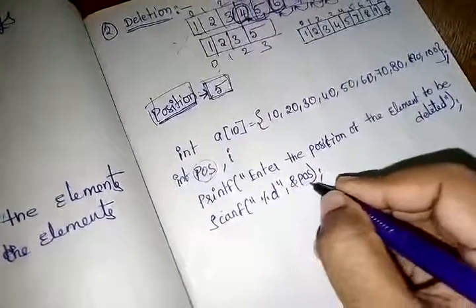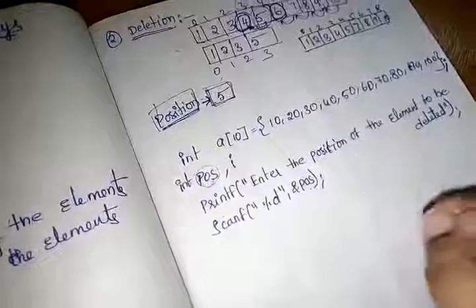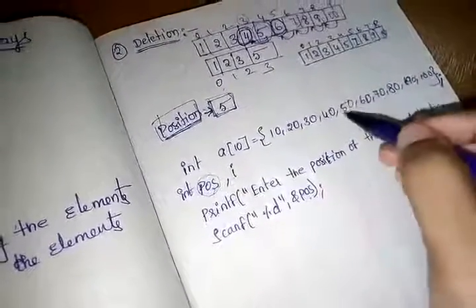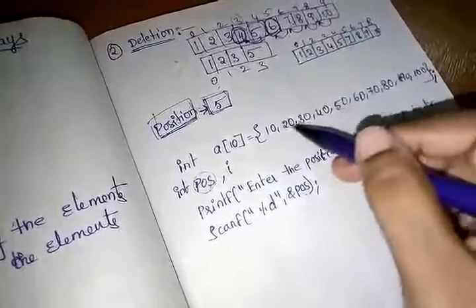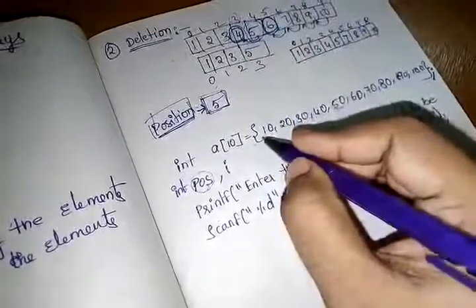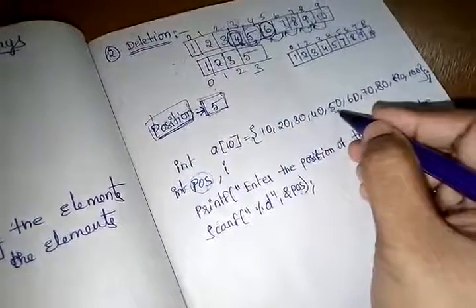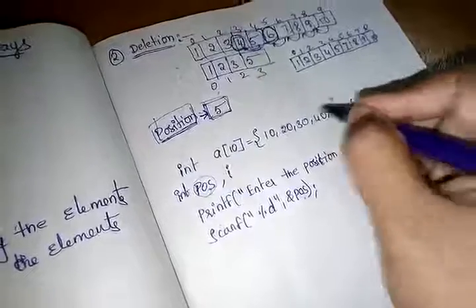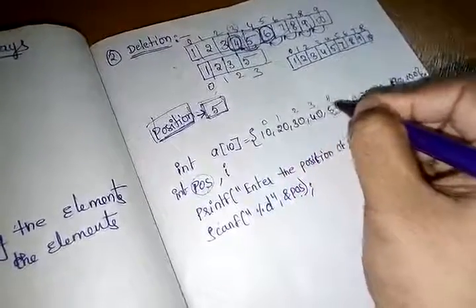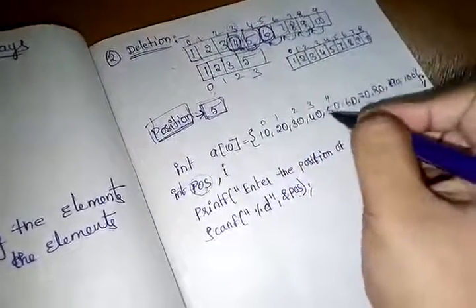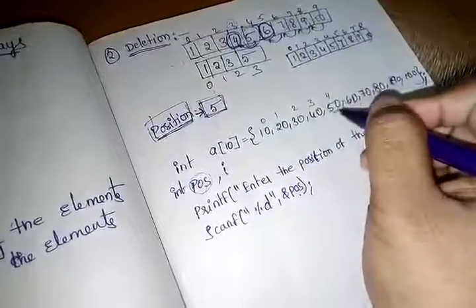Then after you get the POS, if I need to eliminate the fifth element, you see that the index of the element 5 will be 4, that is 0, 1, 2, 3 and 4. The index of the fifth element would be 4.